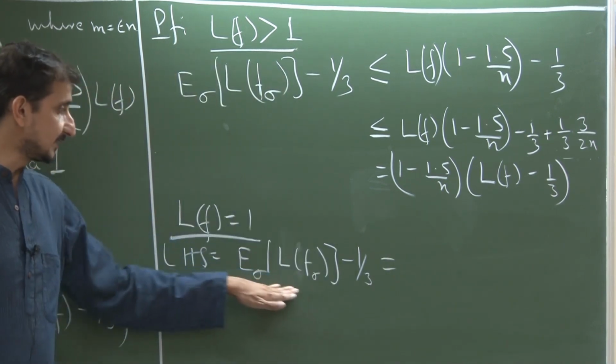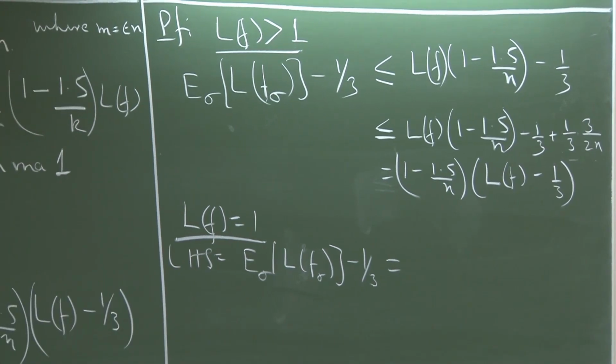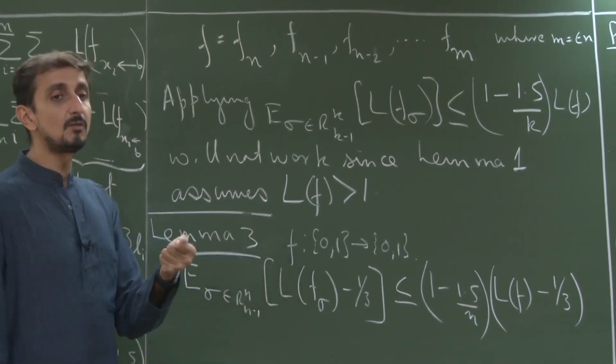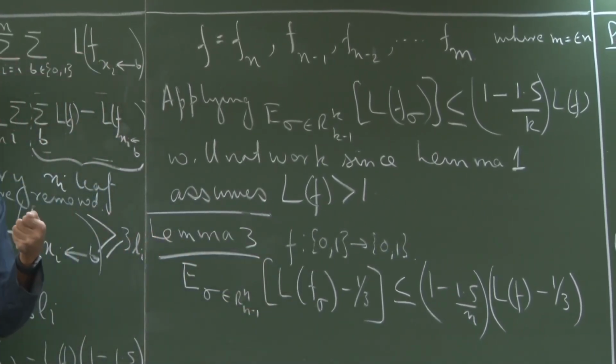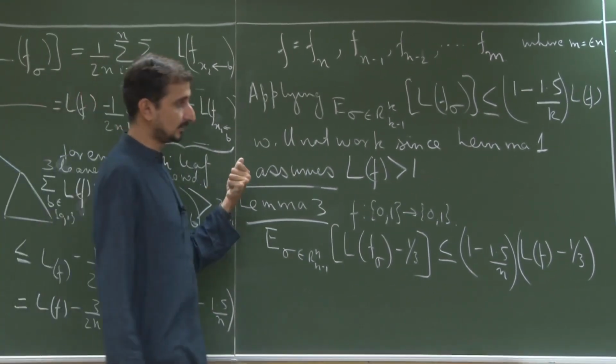What does this evaluate to? Just think for a moment. What are we saying here? That L of f is 1, which means that I have a formula which has only one leaf, and that leaf is labeled by some variable. It can be any one of the variables.